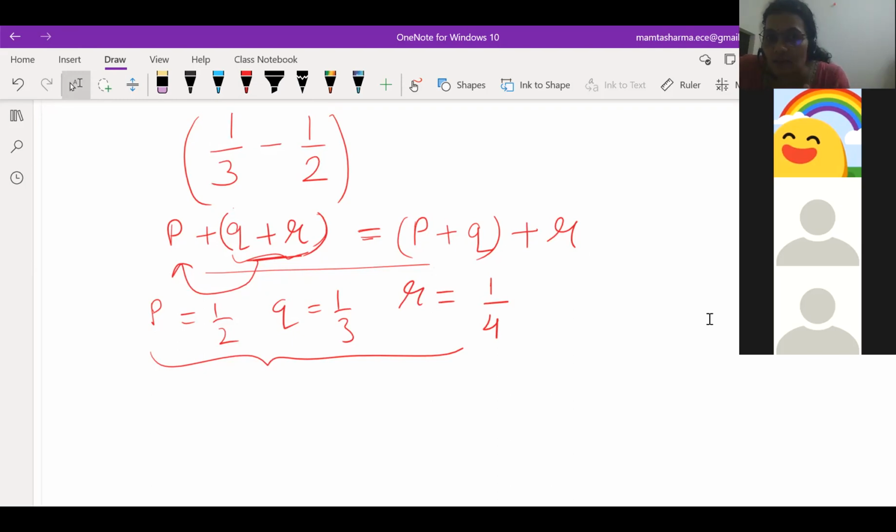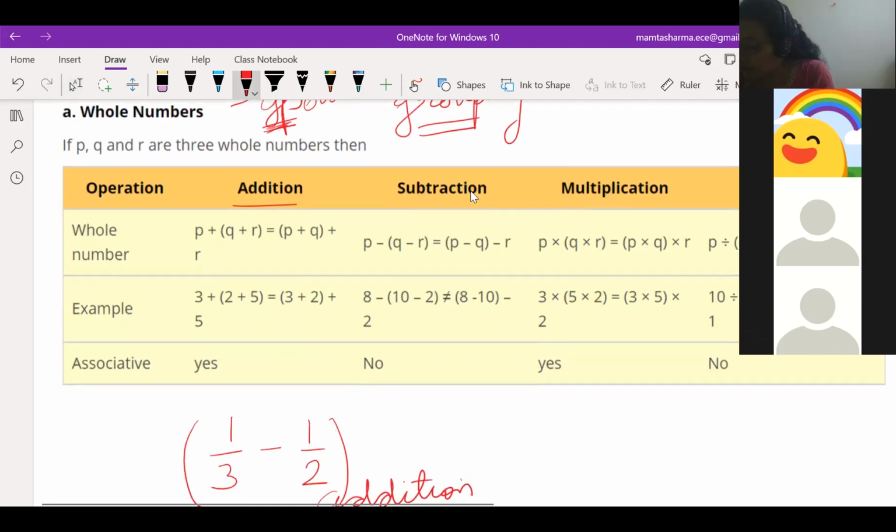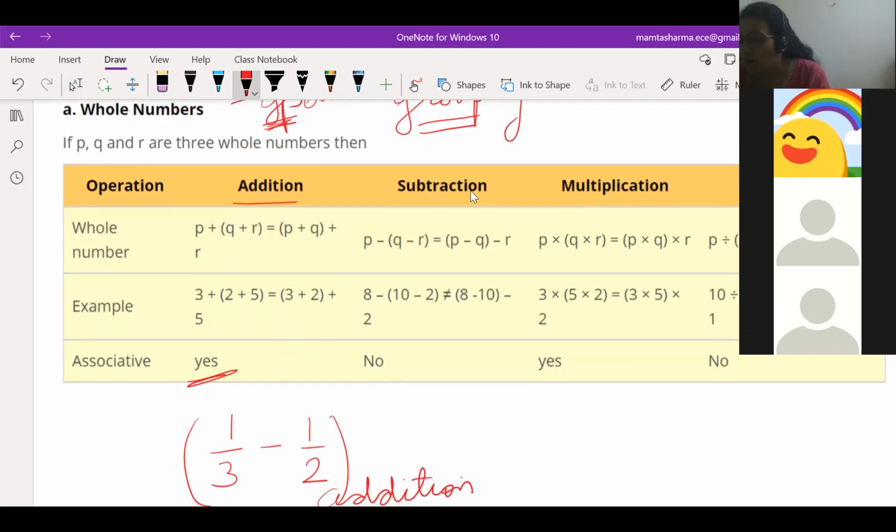It means the associative property is satisfied, it is true for the addition. Okay. This is for addition. So this associative property is true for the addition.